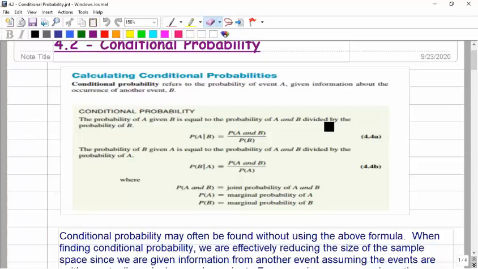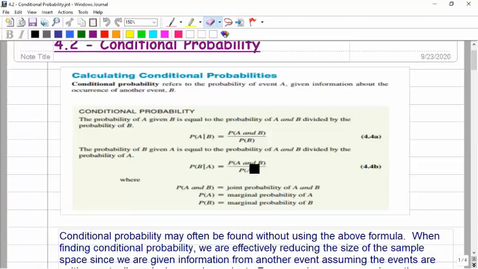Let's look at this first formula. That vertical bar is not a mathematical symbol. It's not division. It means "given that" or "such that," that's the common phrasing. So the probability of A given B is the probability of both A and B occurring divided by the probability of B. Notice if you switch this around, the probability of B given that A occurs, it's the same numerator, but look at the denominator.